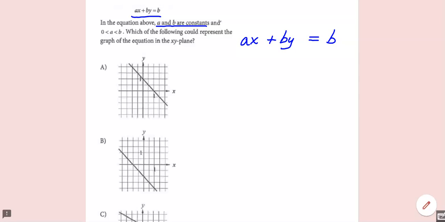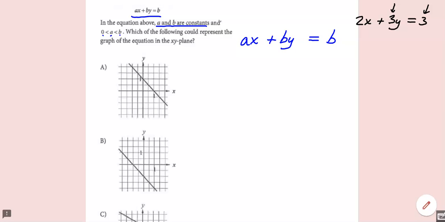That means they're just numbers. And it said A is greater than 0, so we can't have any negatives. And B is bigger than A, so our B term is bigger than A. So just looking at a possibility could be 2x plus 3y equals 3. Notice that the B is the same number repeated there.